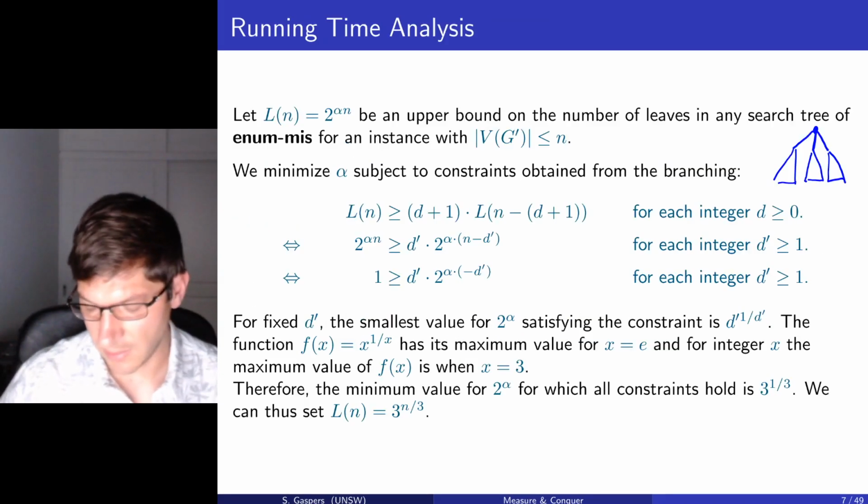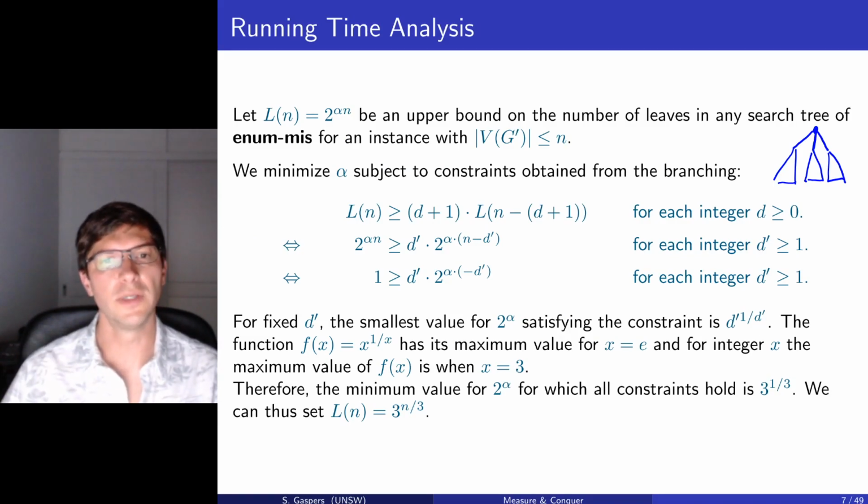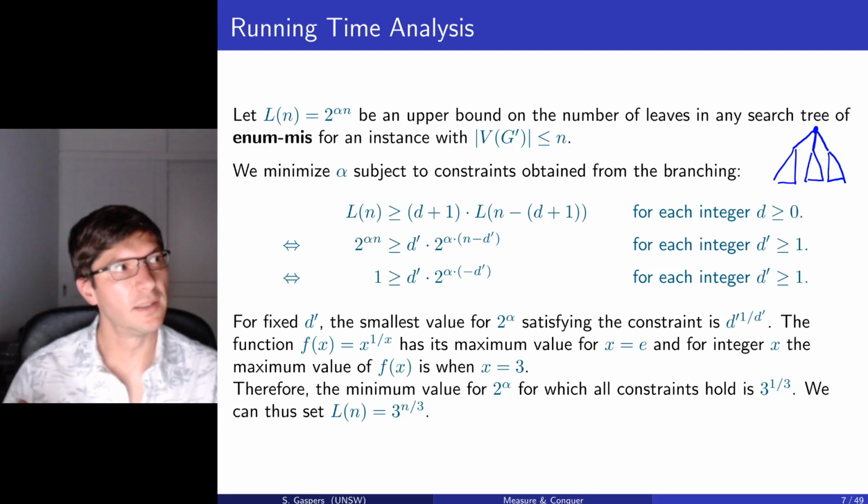Then it creates one branch for every vertex in the closed neighborhood of v, so it creates d plus 1 branches. And in each one of them, it deletes one vertex and its neighborhood from G prime. So it deletes at least d plus 1 vertices in G prime because the vertex v that we chose had minimum degree in G prime.